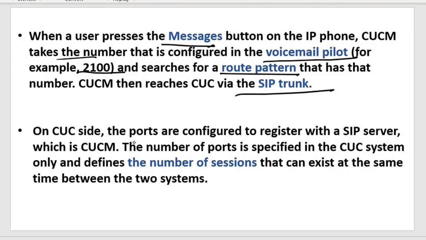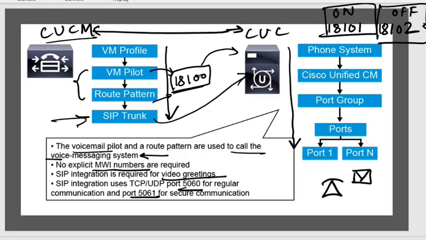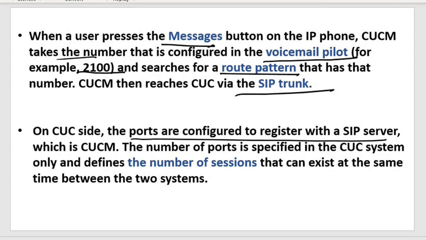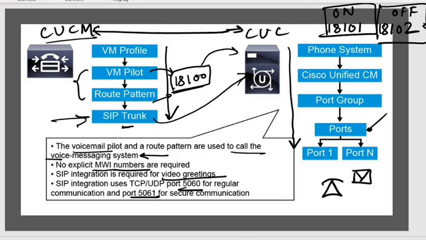On the CUC side, the ports are configured to register with the SIP server. So if you see it here, the ports are configured to register to the SIP trunk or SIP server, that is CUCM. The number of ports is specified in the Unity Connection system only and defines the number of sessions. So what we are talking about with the ports here basically means how many sessions you want to be active at once.